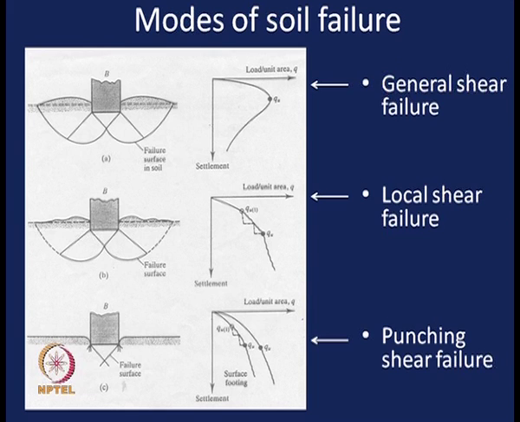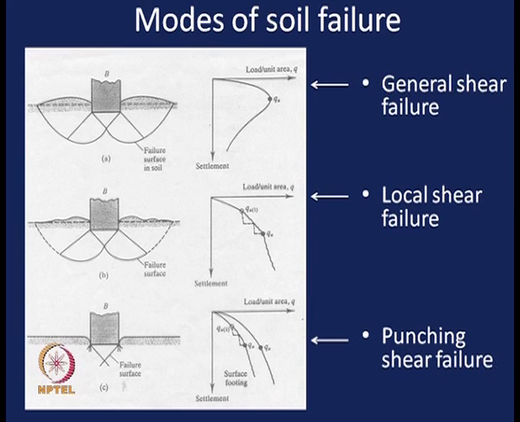But in this local shear failure, first, when we apply the load, the settlement will increase. When the load reaches this Q u 1, at this point a sudden jerk is observed.